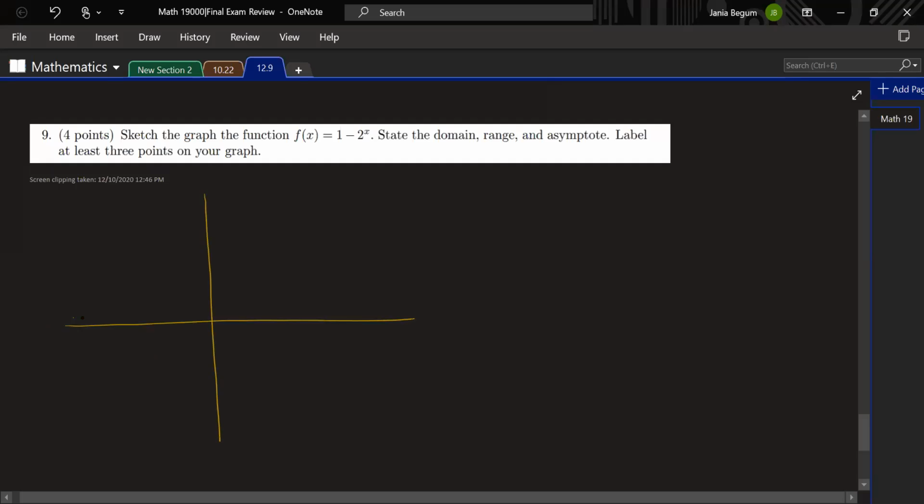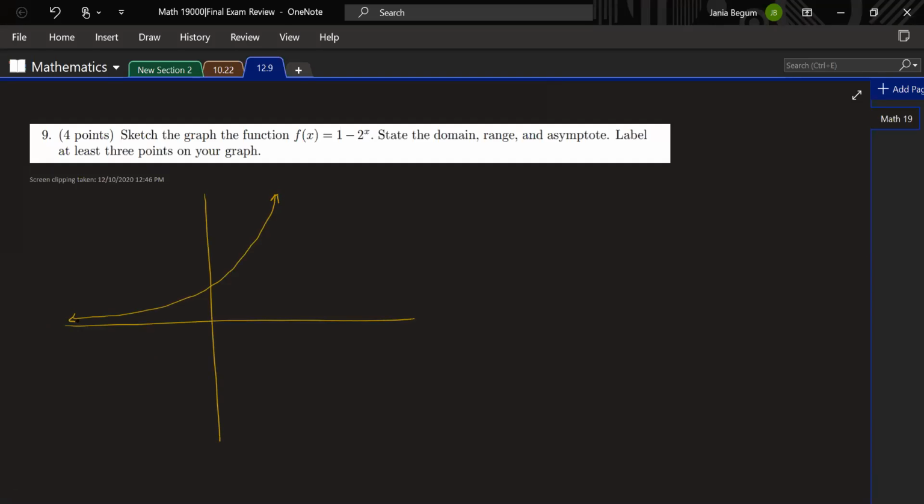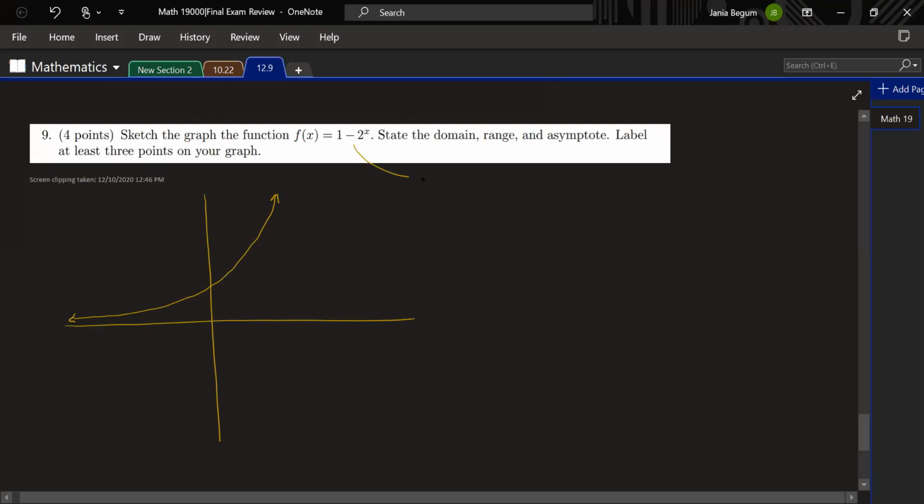So this is the basic graph for any exponential where the base is greater than 1 and it's a whole number. So we're looking at a base 2 for this function. So if I were to rewrite f of x, we have f of x is negative 2 to the x plus 1. And then we can identify each transformation.